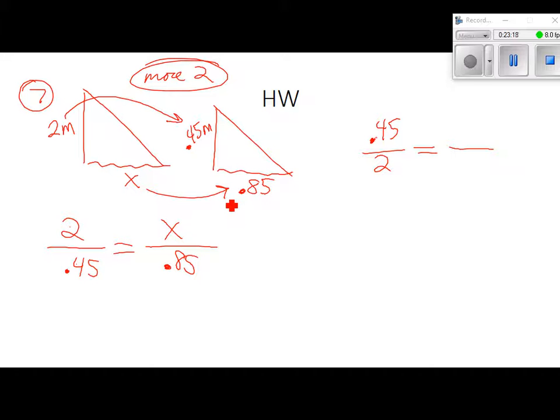Could you set it up where it could be 2? Let me do this real quick. If we did 0.45 matches up to 2, what's this ratio going to be? 0.85 over X. All right? Now, is that the only 2 ways to set these up?